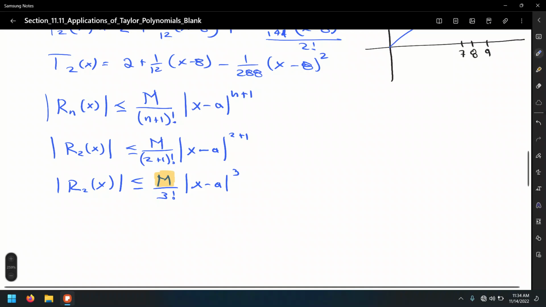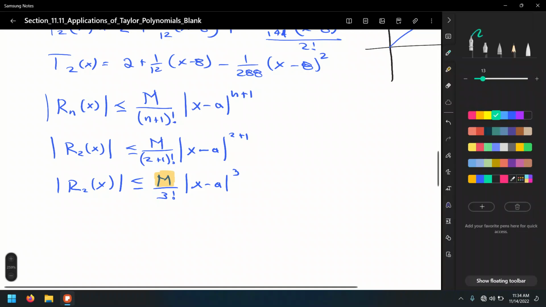and this absolute value of x minus, oh, actually, how about I put the number in this case, because in this case we have it centered at 8. So we can start making more sense or connecting with our quantity.